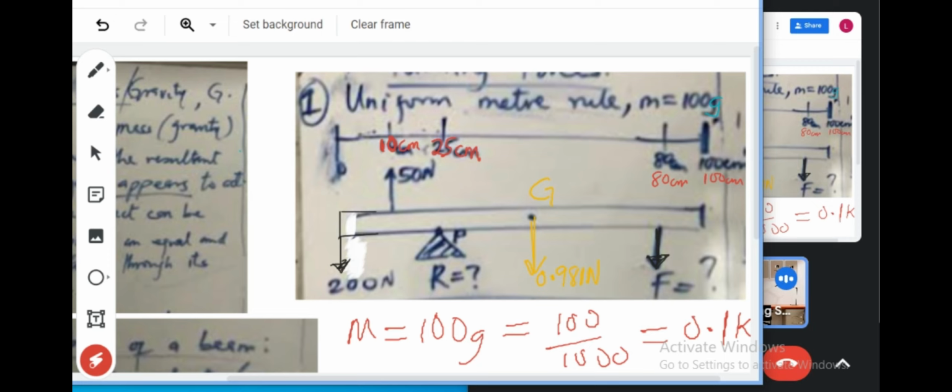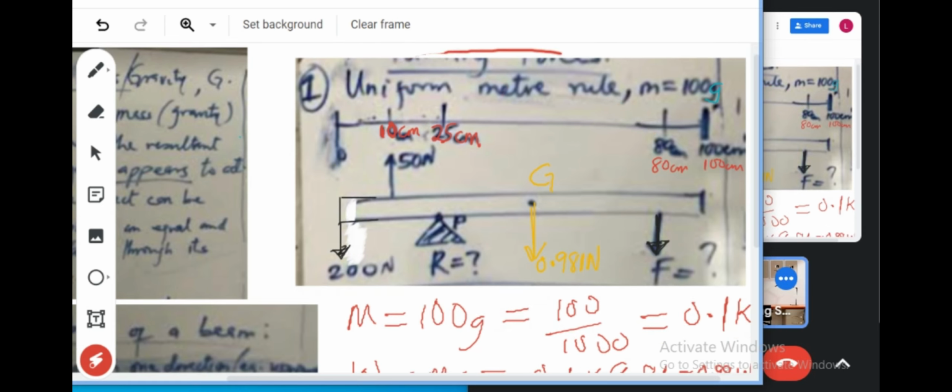Another thing we need to ask ourselves is, will this 200 Newton force produce a clockwise or anti-clockwise moment? Clockwise means it is going to turn it in the direction of a clock. Anti-clockwise is the opposite direction to the way a clock turns. If it's 200 Newton, how will it turn this?